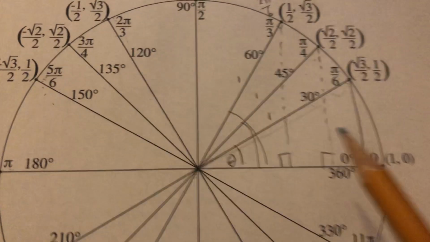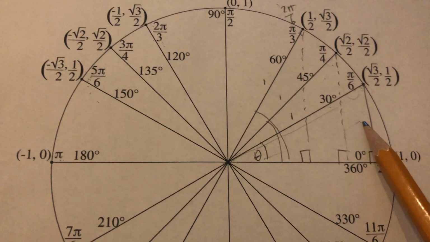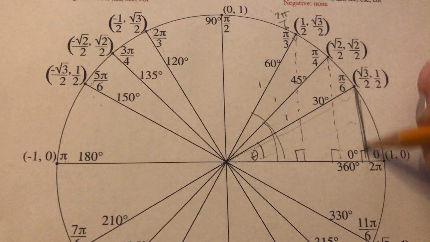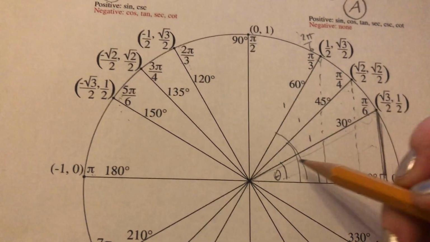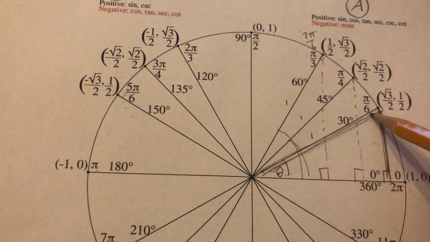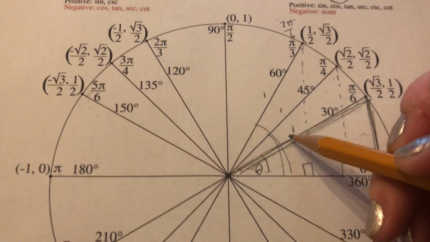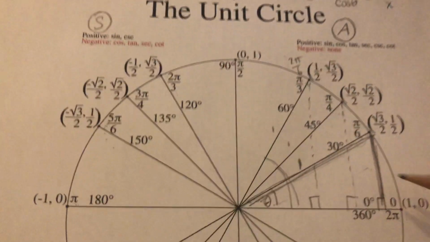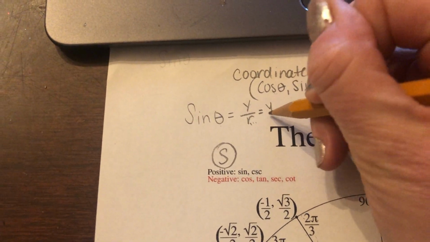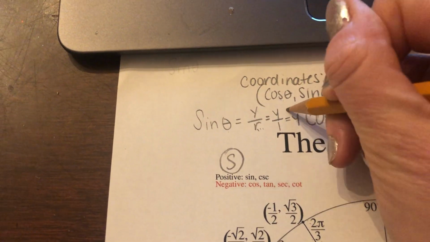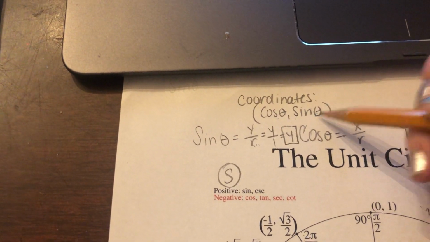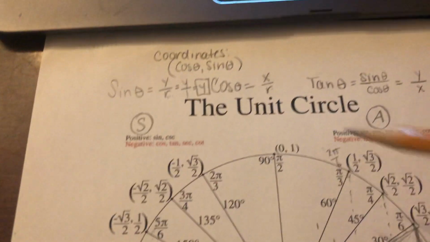If we look at this triangle here, my opposite side is whatever this leg is, which is my y distance. My hypotenuse is my radius, which in this unit circle is always 1, right? So if my radius is 1, I'd have y over 1, which is just y. So that's why your sine is your y coordinate.